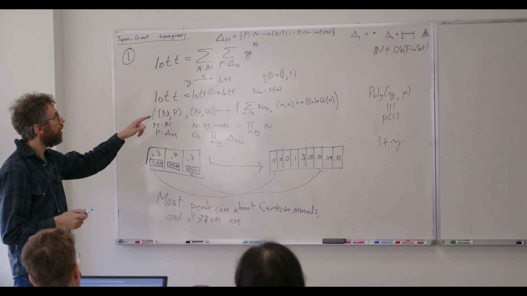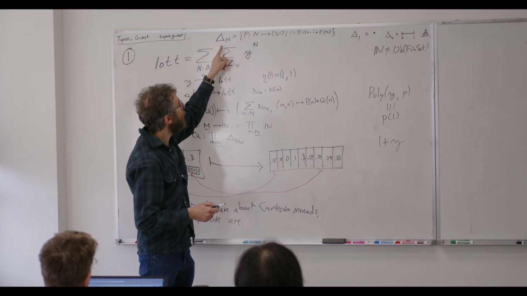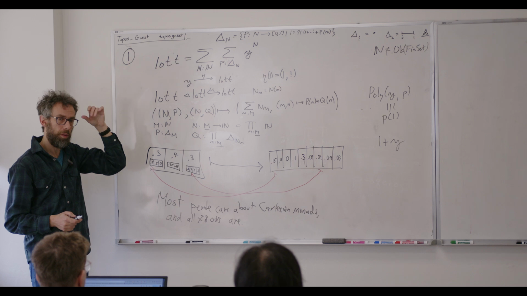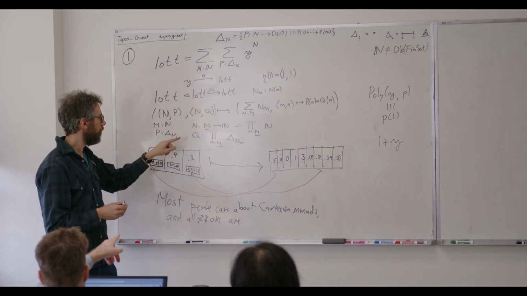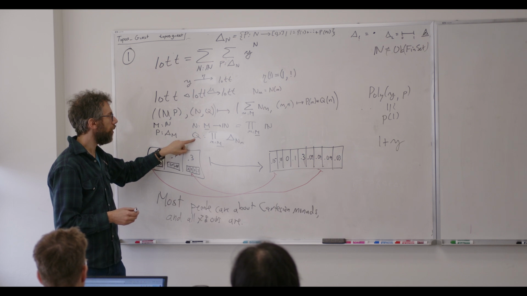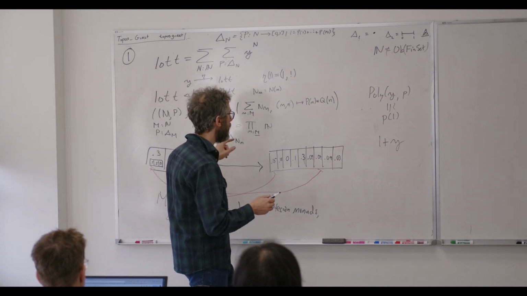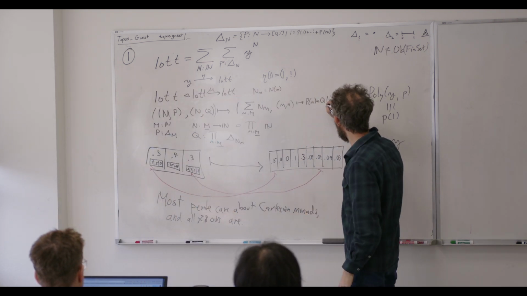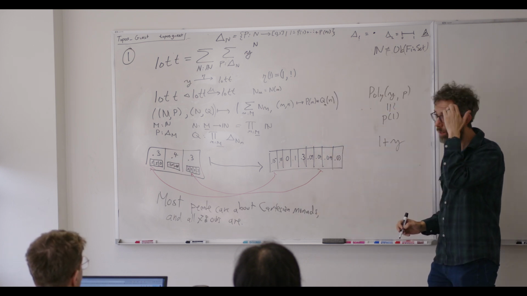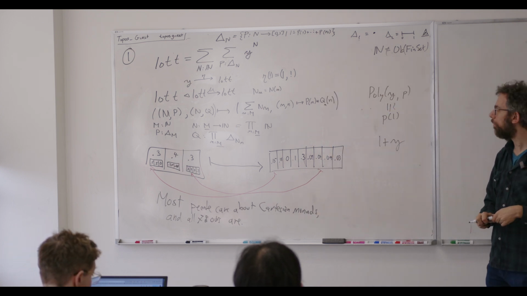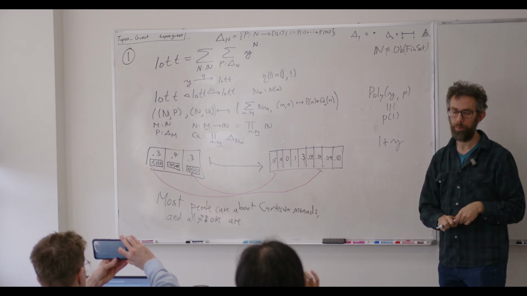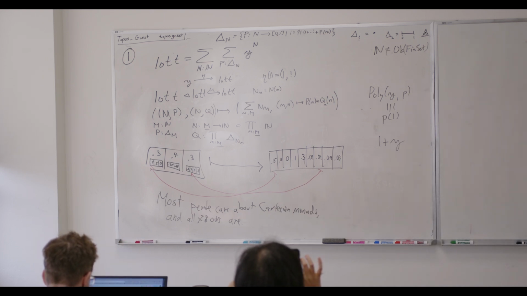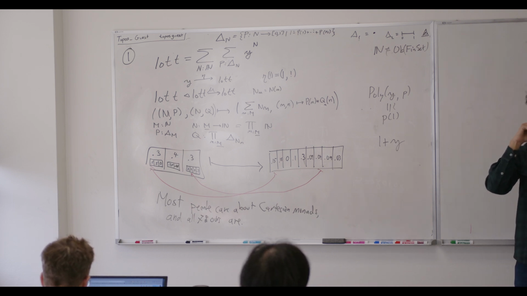P is an element of delta m, and q is an element of delta n. Oh, sorry, you're right, thank you. This is bad. It should be q sub m of n. Good catch. Sometimes writing it down on the fly helps you spot it. Questions? No, that makes sense.